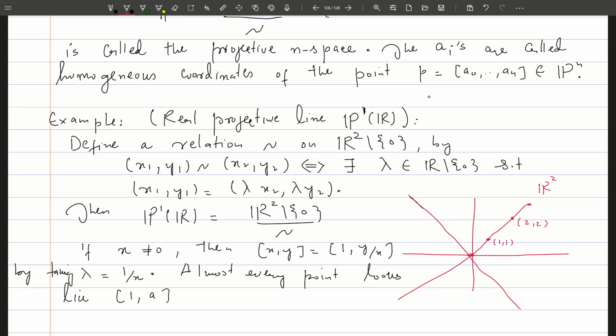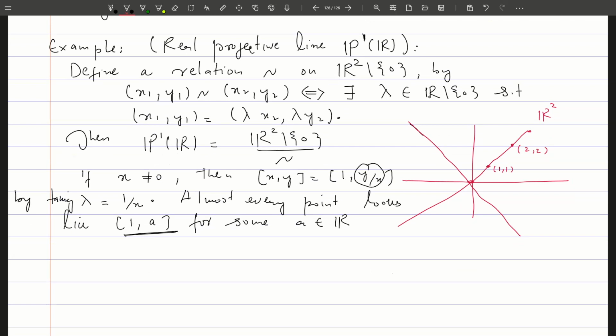So we can put this expression over here to be equal to a. So every point on this line looks like 1 comma a for some a in R. So for each a in R, we have a point 1a in the line over here.